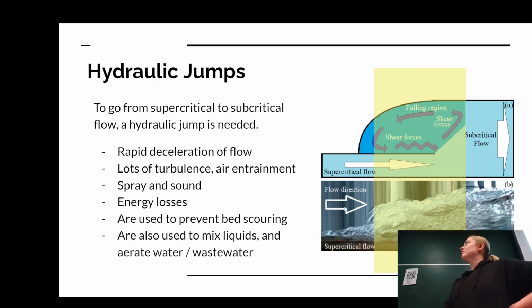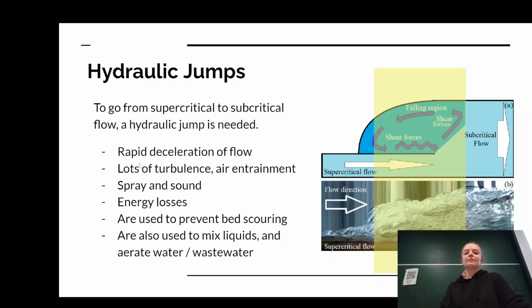So we're going to talk a little bit more about this whole idea of hydraulic jumps. That's what's going on in the center of this image down here. Some characteristics of hydraulic jumps include rapid deceleration of flow, lots of turbulence and air entrainment, and that just means air getting swept up in the water, lots of bubbles and things like that.